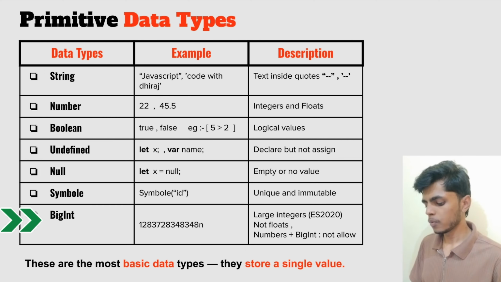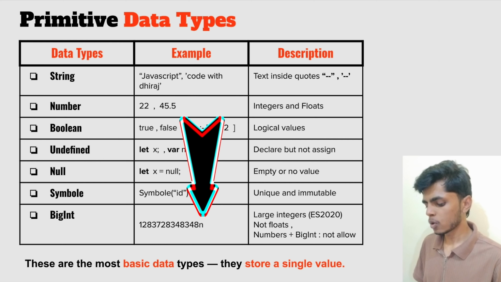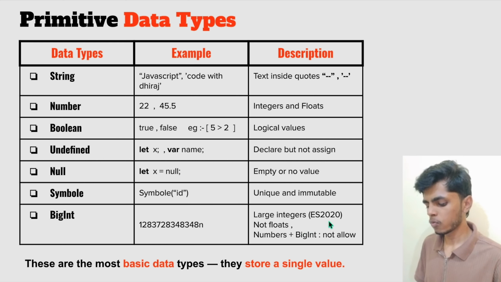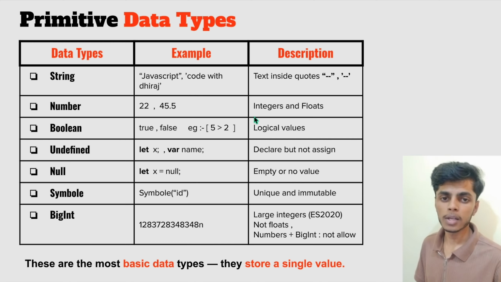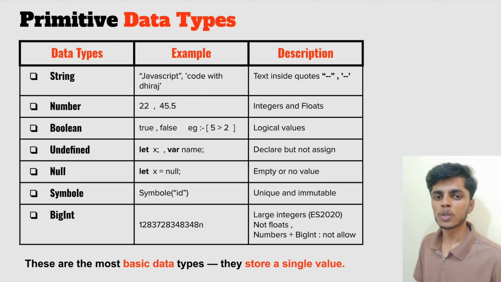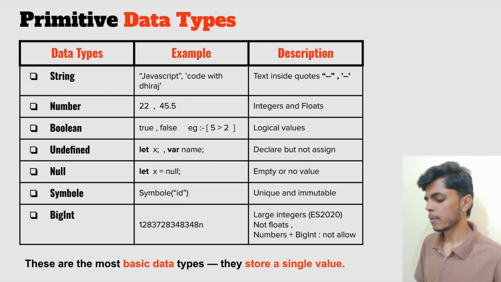If you want to identify whether a number is a BigInt or not, you will see an n as a suffix of the number. BigInt is made for integers only. This is not for floats, and we cannot mix numbers and BigInt. That means we cannot add or perform operations between numbers and BigInts. These are not allowed. So these are all basic data types used to store single values. This is all about primitive data types.